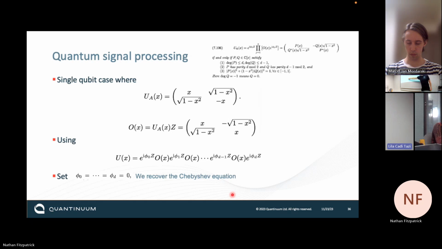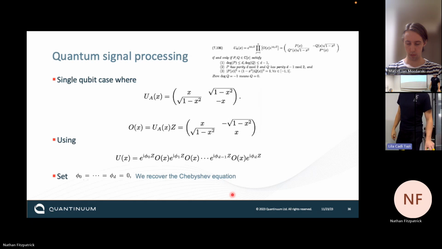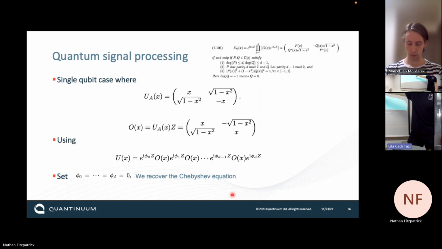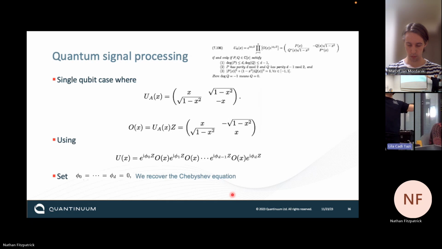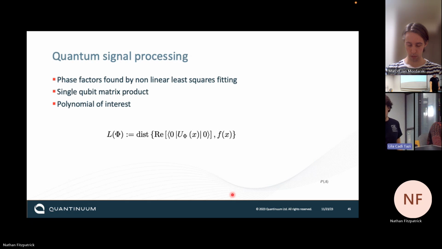So the cost function is this, where you then post select into this block here. Well, it's not quite that one, but the equivalent 2x2 matrix, you just post select into this one. So you can just do it in numpy as a series of 2x2 matrix products, and then you pick the 0, 0 element. And then you do least squares fitting against the polynomial approximation that you want.